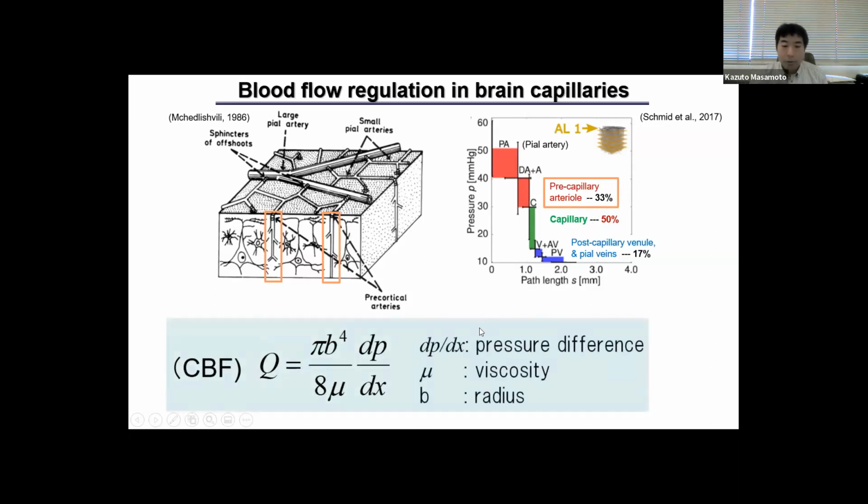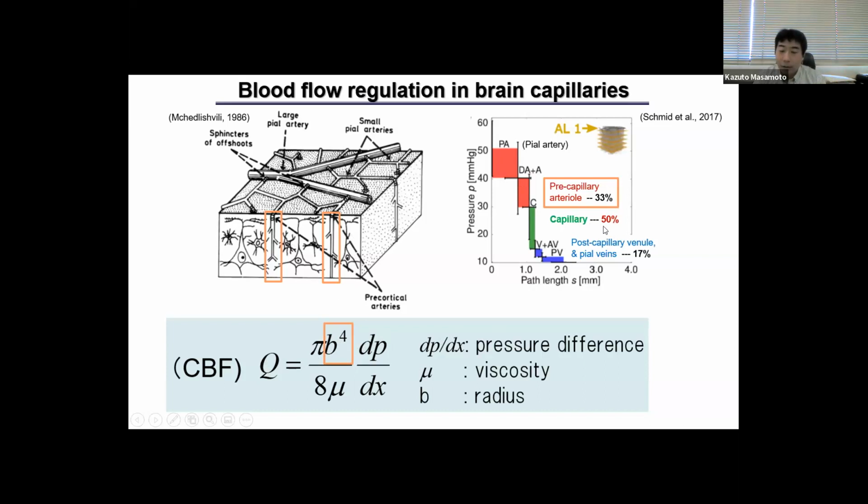The flow change is driven by the pressure difference, so if this is high, the effect is high. We know the penetrating arteries mostly regulate the blood flow in the tissue because of this highest pressure difference, and a change in diameter causes a fourth-power change in the blood flow.